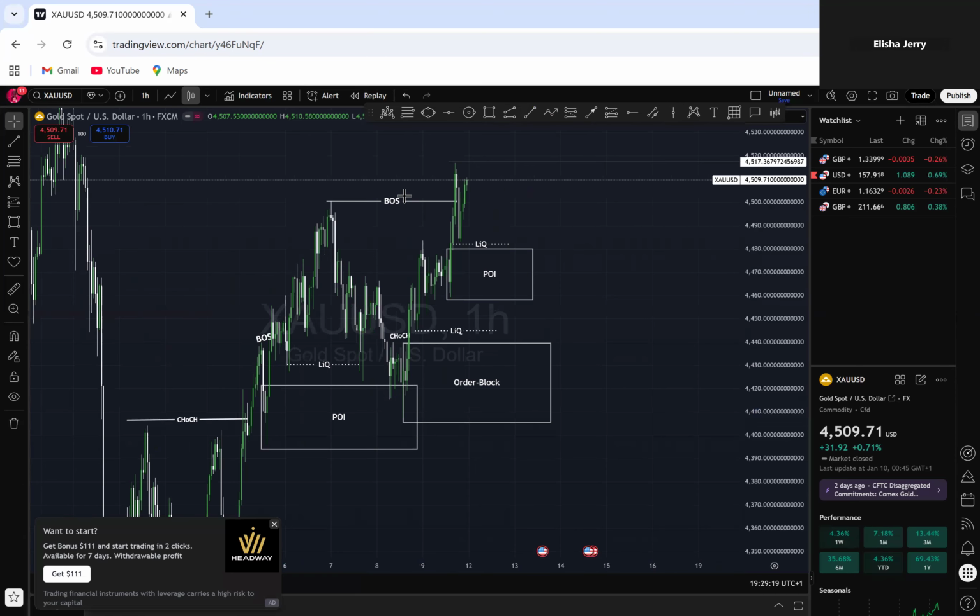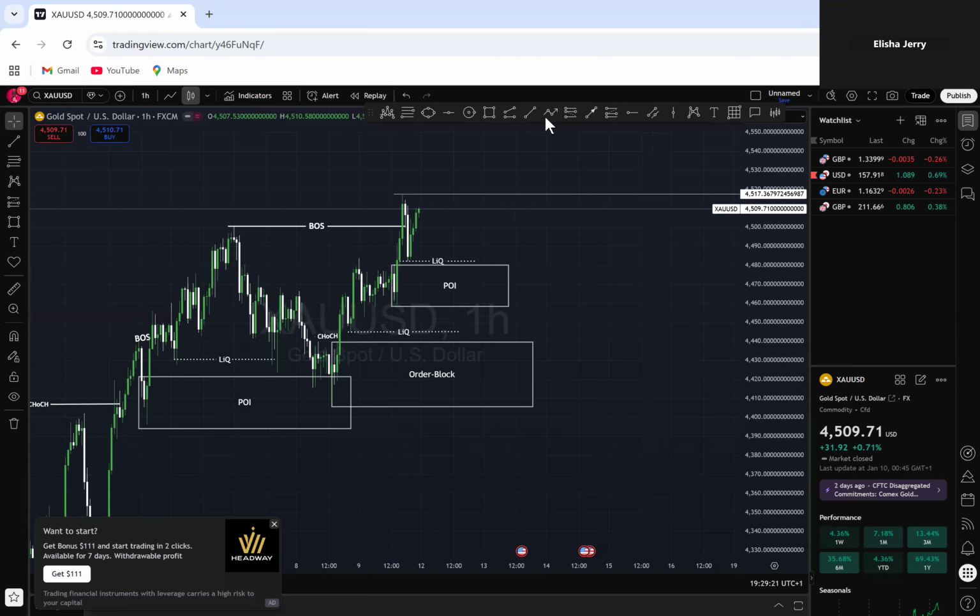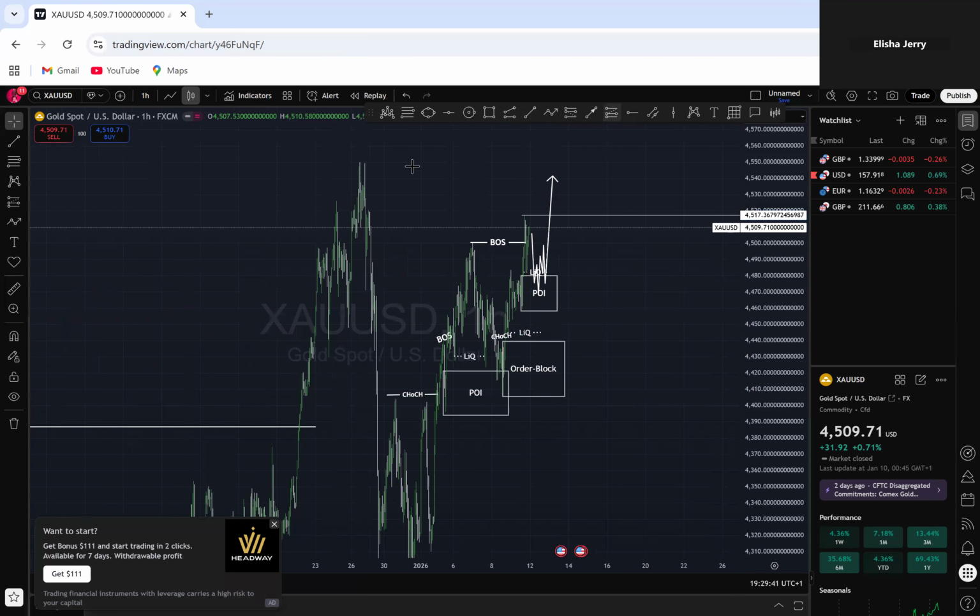So all we need to do now is wait for price to come into any of these POIs, give us a shift in market structure and a liquidity, and then we can buy from a zone here. Now, when we are buying from this zone, we want to target the all-time highs, which is this.